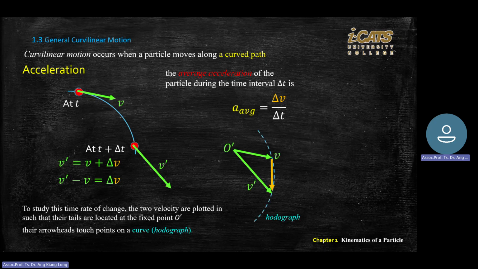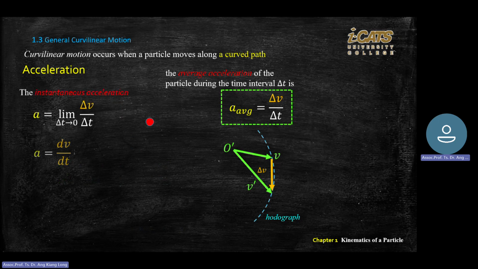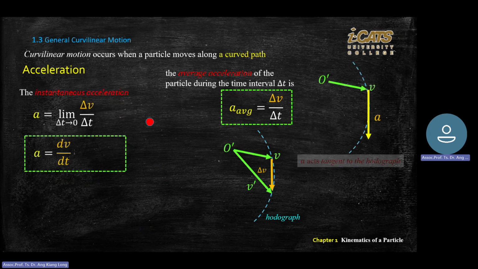Okay, so this one you go ahead and read. I go very fast here. Just now the velocity moved in the 90-degree, but acceleration is not. There's a name for that curve. It's called a hodograph, but this one is not inside your test.